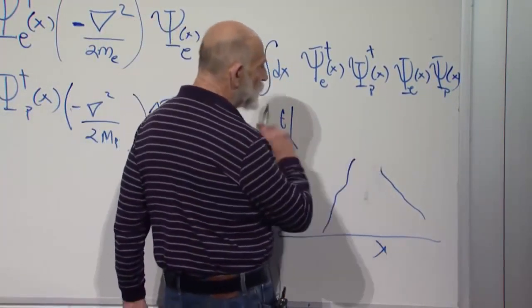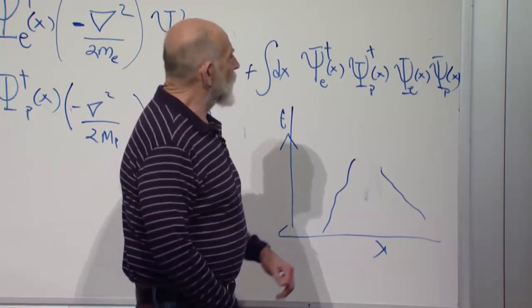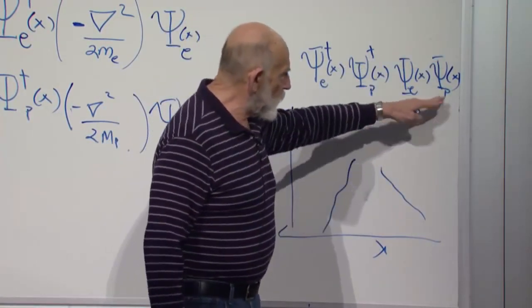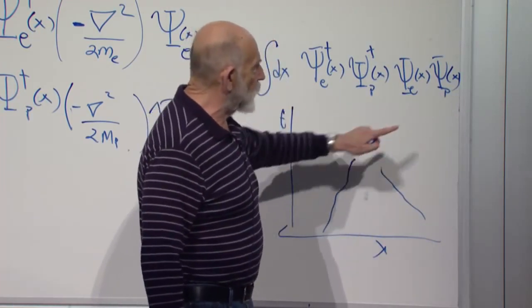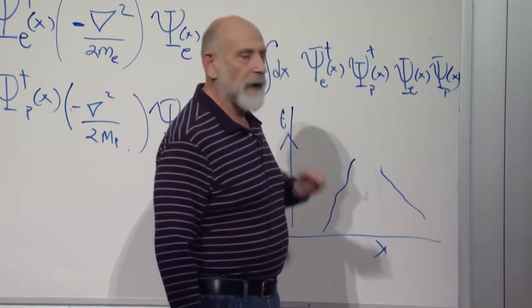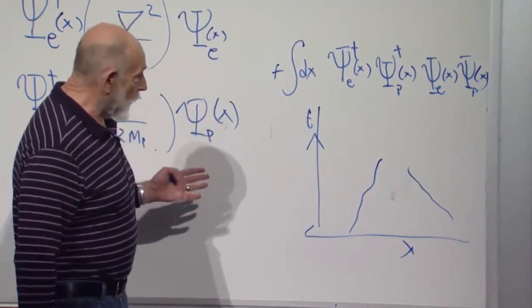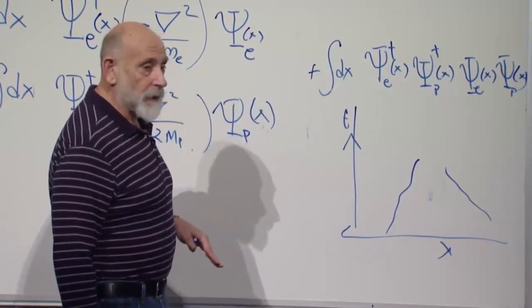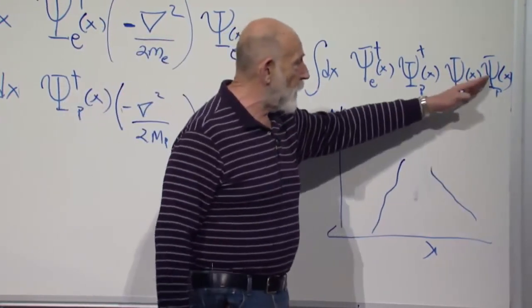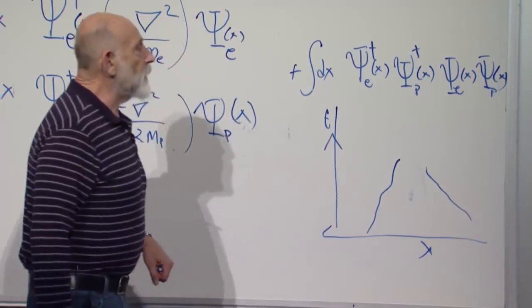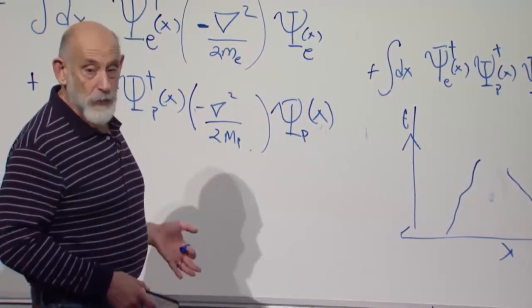If they're not at the same place, then this is not going to give anything if it acts on the state. This will act on a state and will only act if it finds both a proton and an electron at the same place. It doesn't matter what place, because you're integrating over x, you'll get some kind of thing no matter where x is, if there are two particles at the same place. But if there are not two particles in the same place, it just gives 0.